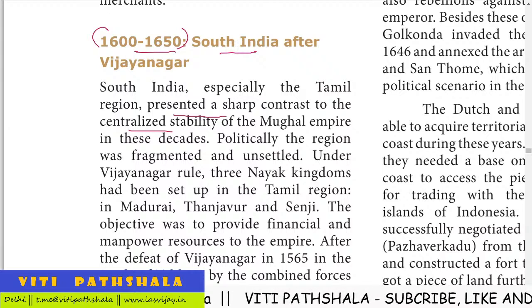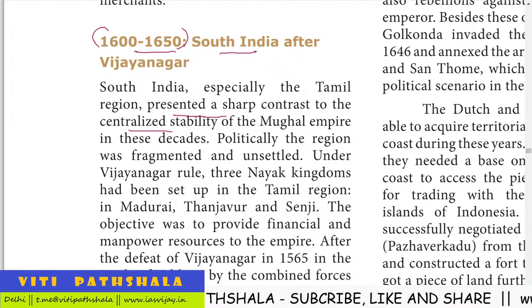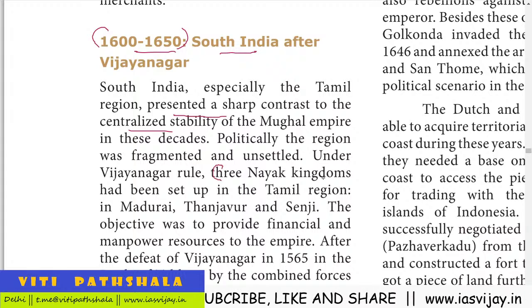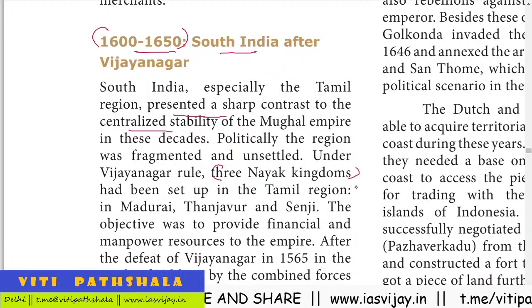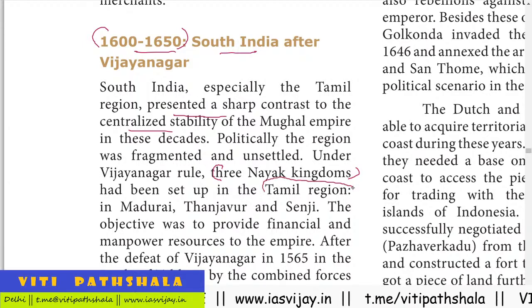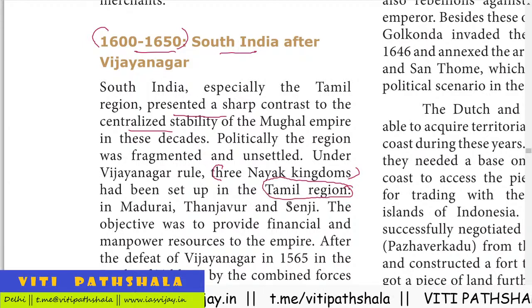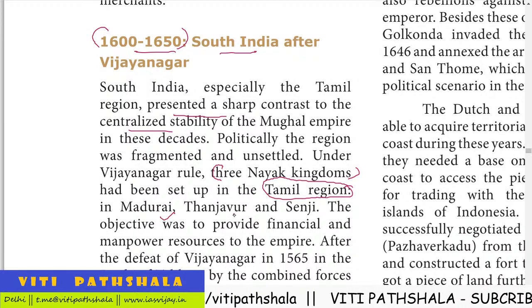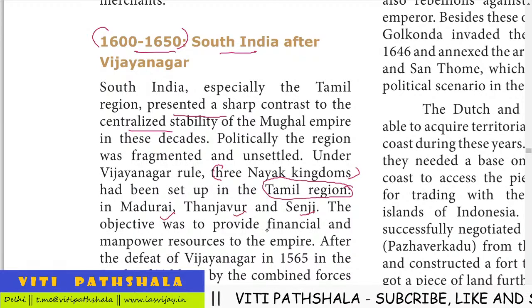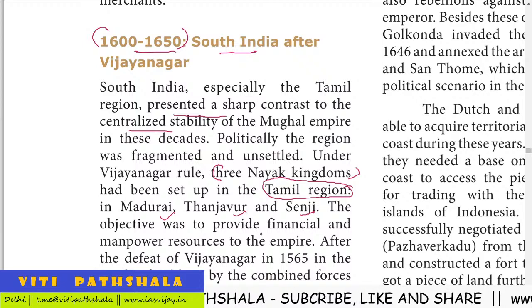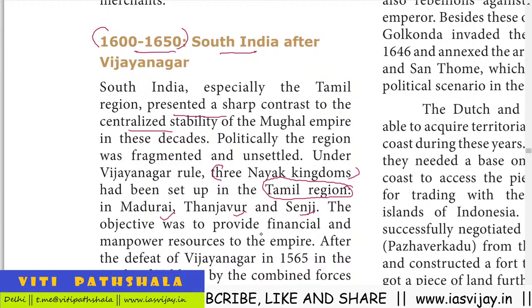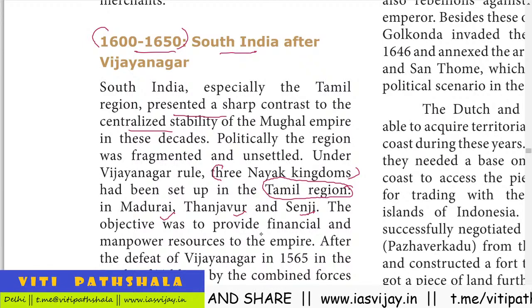Under Vijayanagar rule, three Nayak kingdoms had been set up in the Tamil Nadu region. In Madurai, Tanjavur and Senji, the objective was to provide financial and manpower resources to the empire.